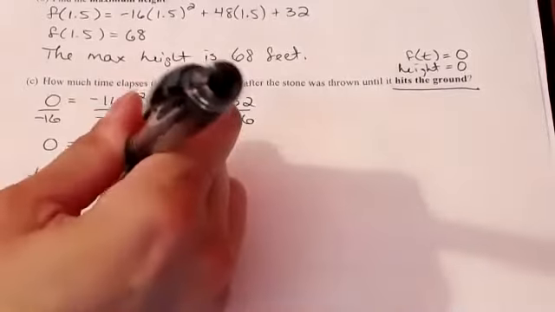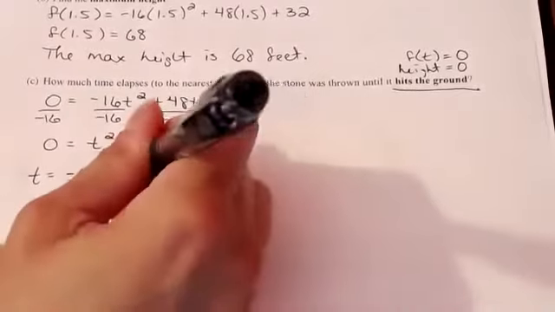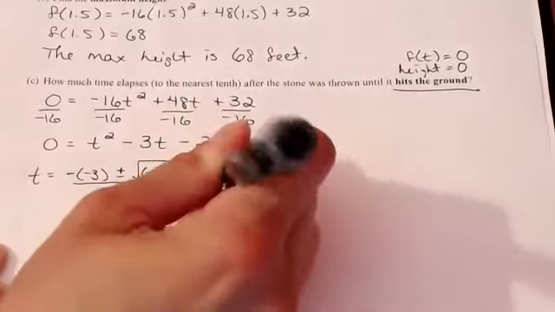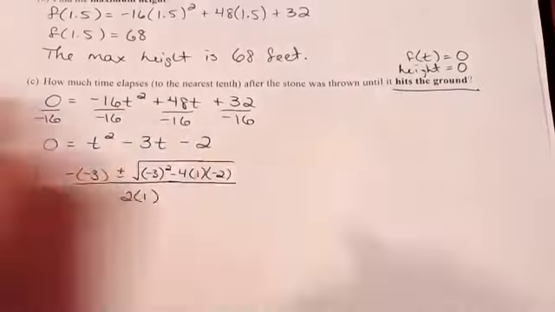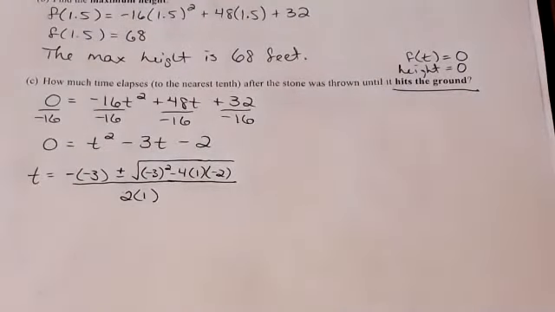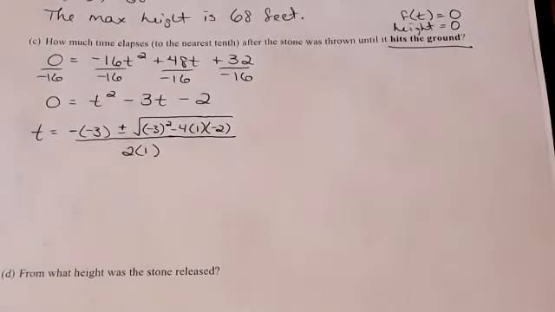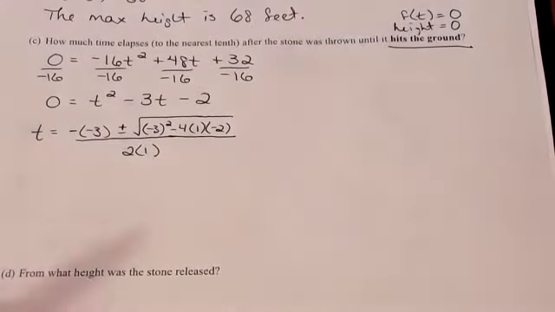So negative b plus or minus the square root of b squared minus 4 times a times c, all over 2a. Let's take care of what's underneath this radical. -3 squared is 9. So 9 minus 4 times 1 times -2, or 9 plus 8, is 17.